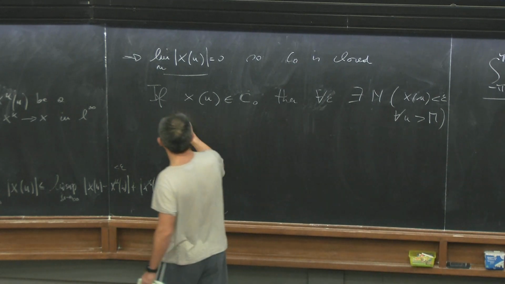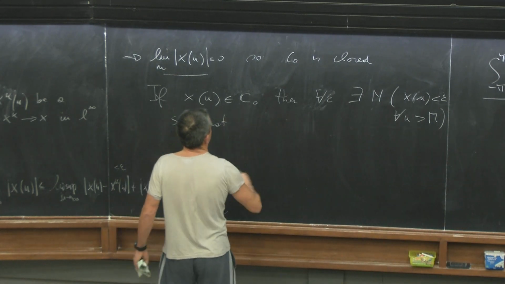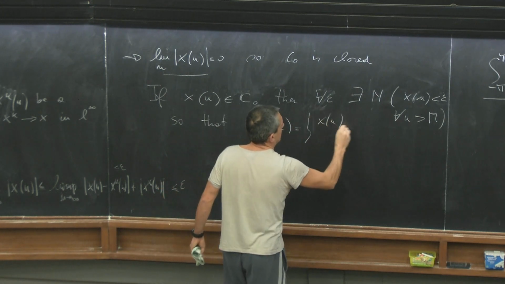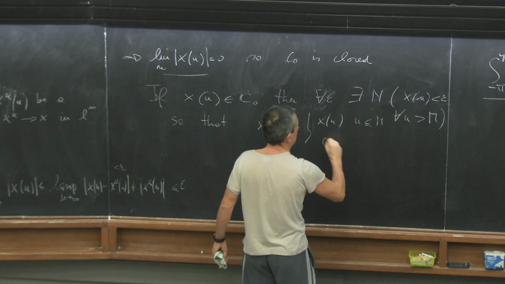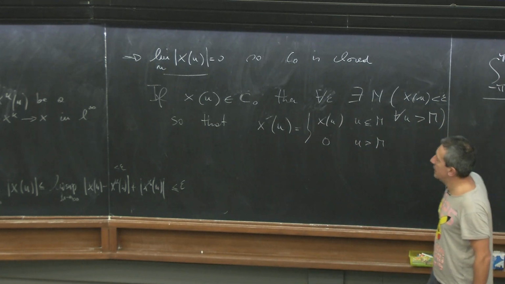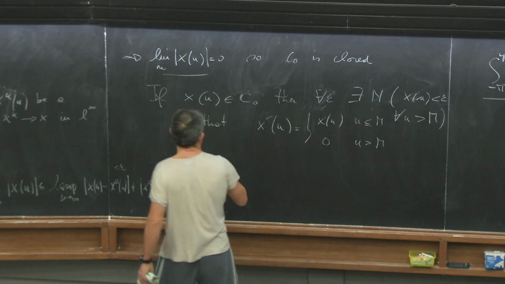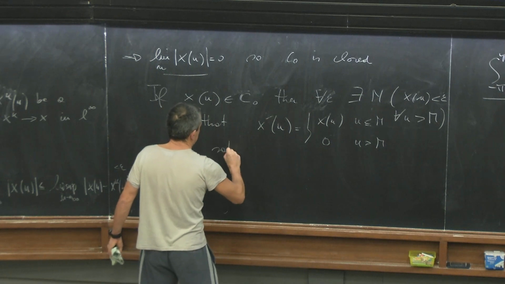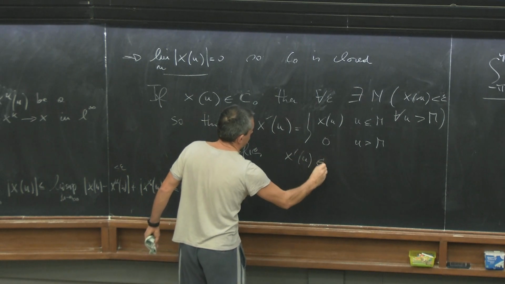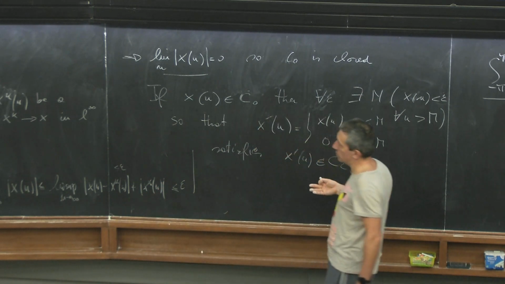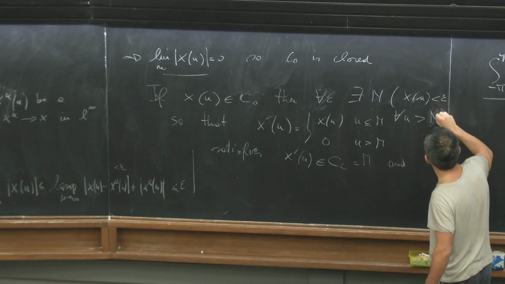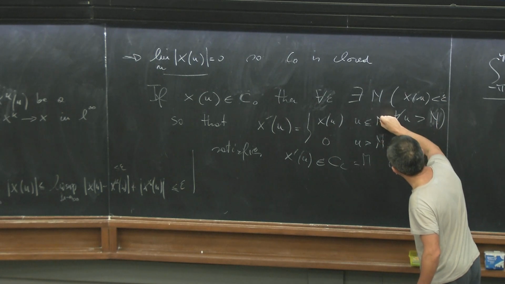Let x prime n be equal to xn for n less than N, and 0 otherwise. Then x prime belongs to my space M, the compactly supported sequences.